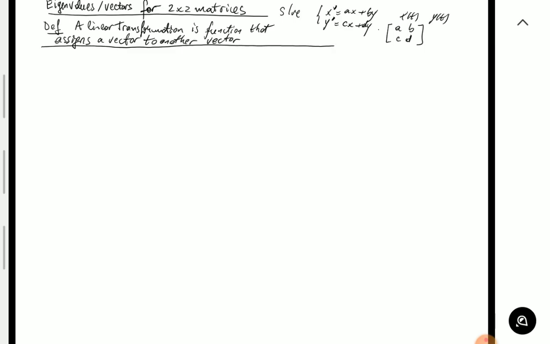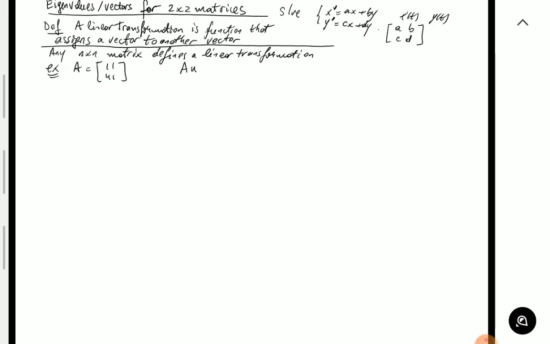So the eigenvalues and vectors are related to linear transformations, first of all, defined by a matrix. Any n by n matrix defines a linear transformation. And it is easy to see that, because no matter which matrix you pick, as an example, let's say you have a matrix A given by the components 1, 1, and 4, 1.